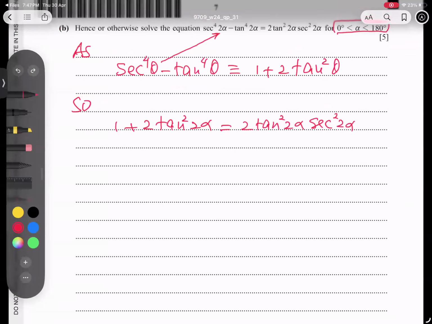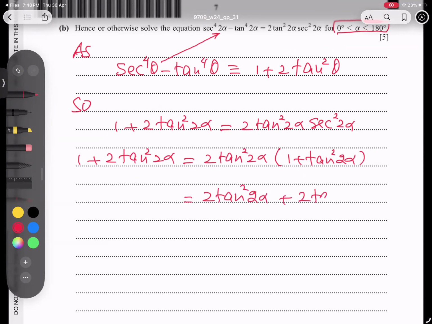So basically I copy the whole equation and paste it here, but in place of this one, I'm writing 1 plus tan square. So student, now I can complete: 2 ones are 2, 2 tan square 2 alpha, and 2 tan 4, sorry, 2 alpha. And here I got 1 plus 2 tan square 2 alpha.